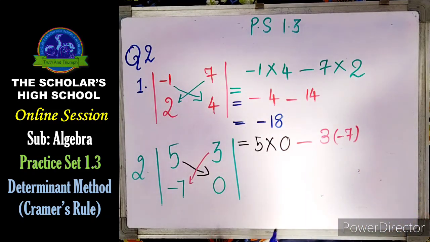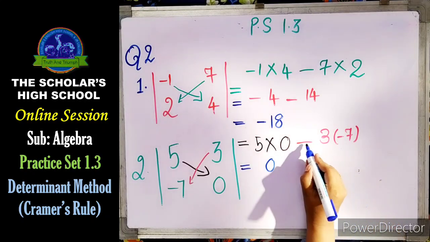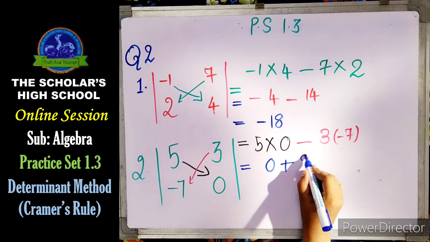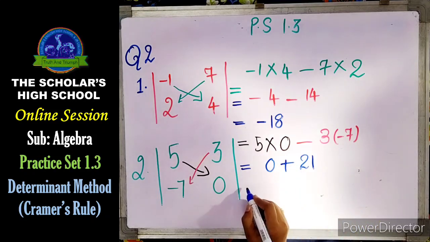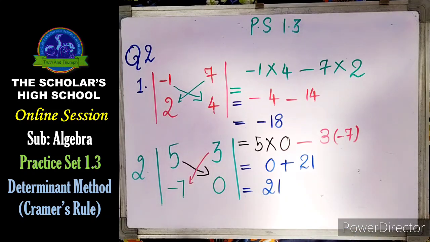Any number multiplied by 0 is 0, so 5 zeros are 0, minus minus plus, 3 sevens are 21, 0 plus 21 is 21. So the value of the second determinant is 21.